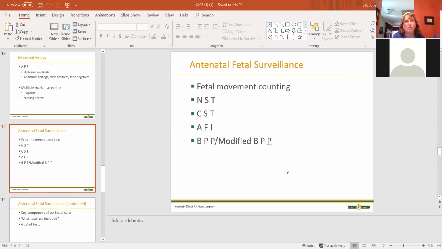So in other words, you're looking at those movements of the fetus on the fetal heart rate monitor. So the non-stress test has a high false positive rate, over 50%, but it has a low false negative rate.